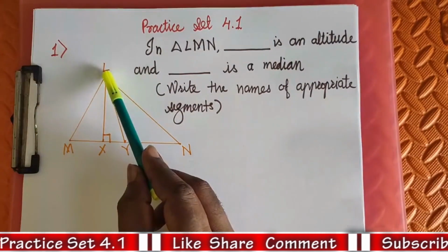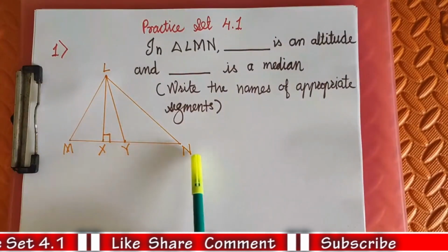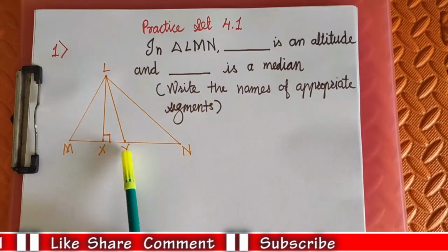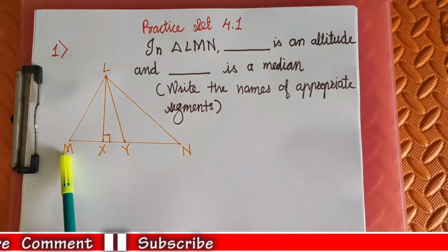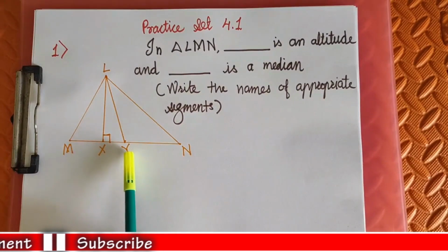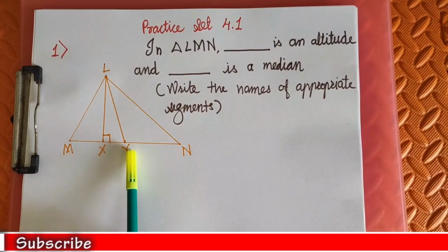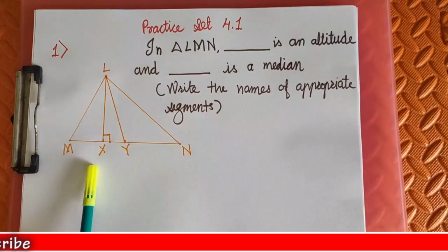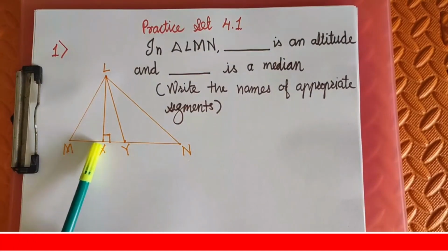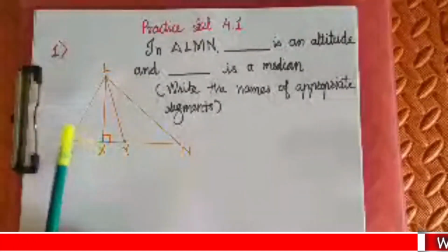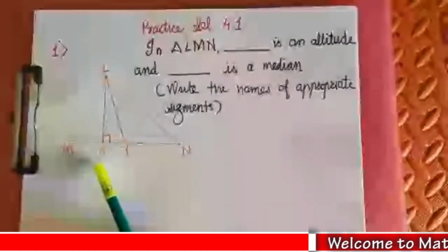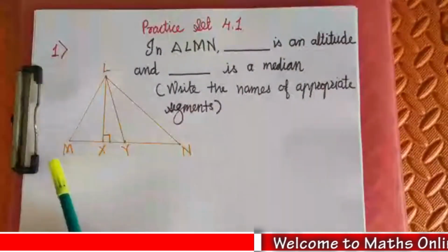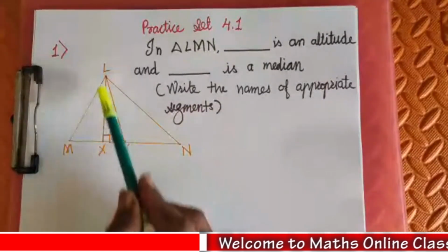In triangle LMN, Y is a midpoint on segment MN. Y is midpoint. There is a symbol of 90 degree, so LX is perpendicular on side MN.